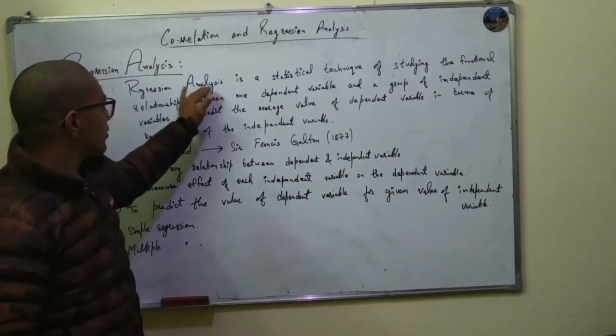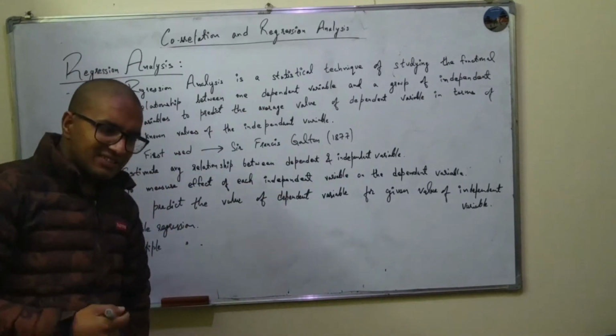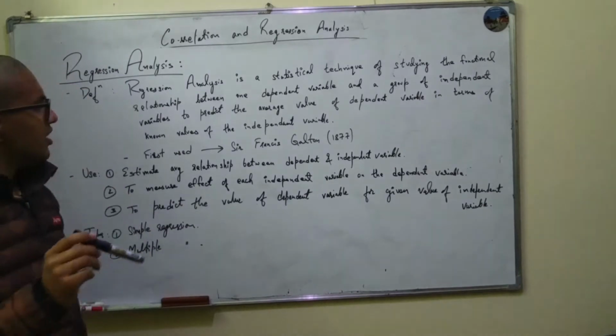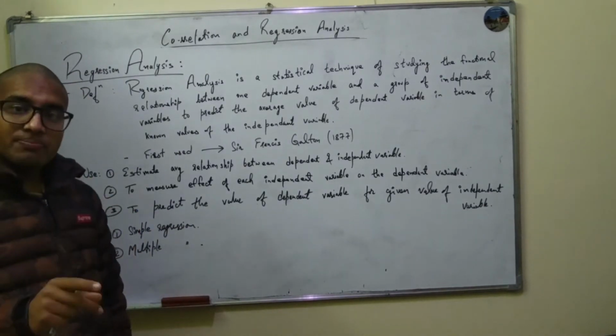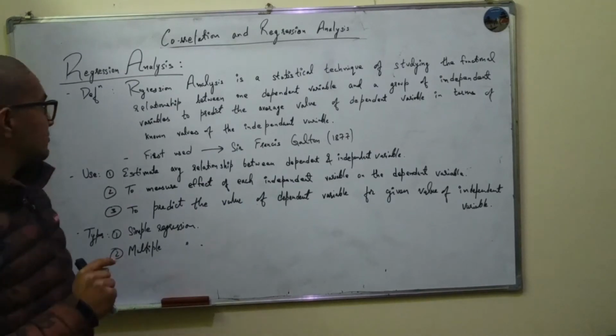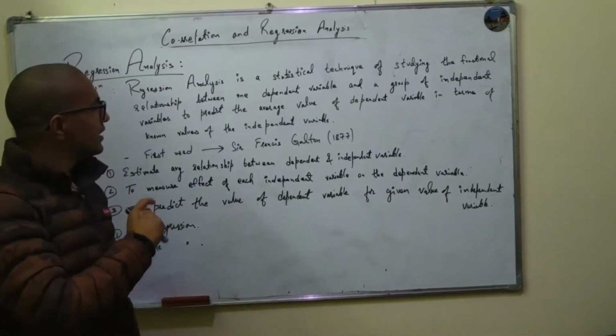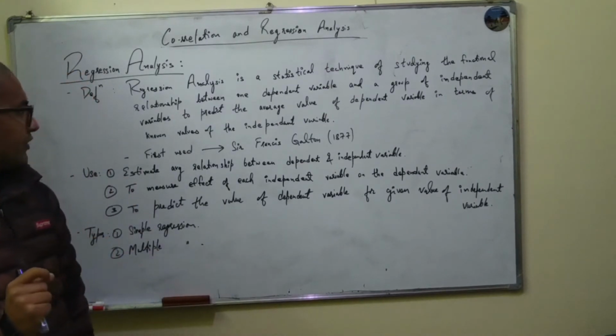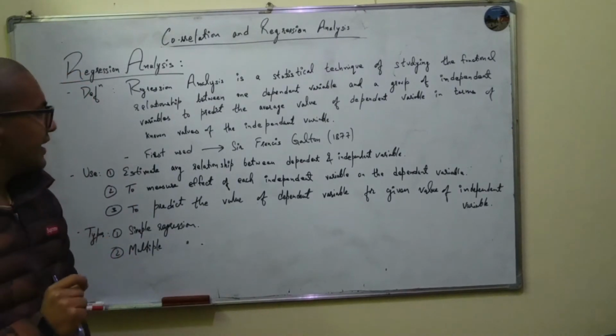So what is regression analysis? Regression analysis is a statistical technique of studying the functional relationship between a dependent variable and a group of independent variables to predict the average value of the dependent variable in terms of known values of the independent variables.